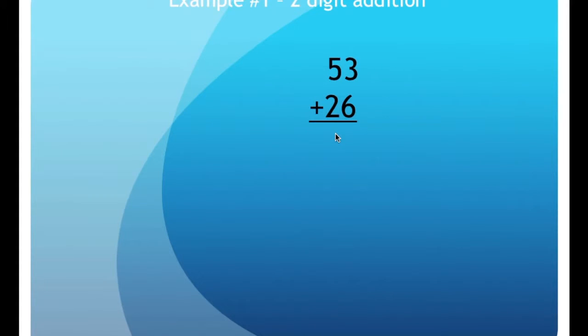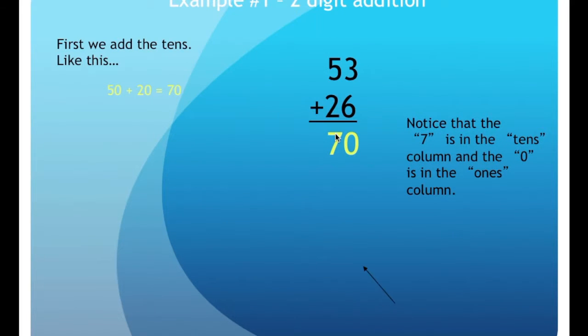So for example, this is 2-digit addition. If we have 53 plus 26, first, we add the tens like this. We have 50 plus 20 gets you 70. Notice that the 7 is in the tens column and the 0 is in the ones column.